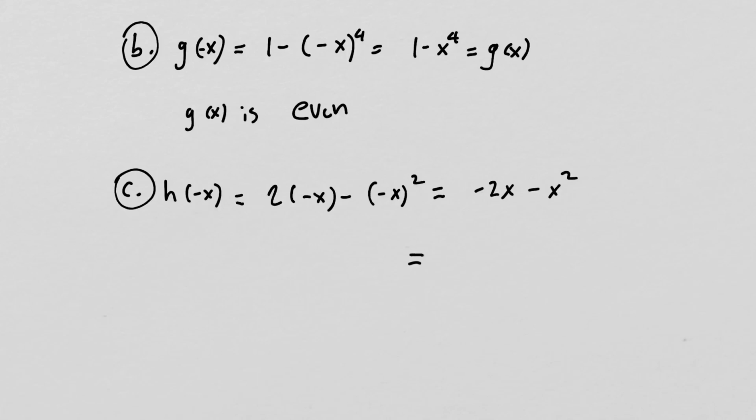But this is not equal to negative times 2x minus x squared, which would have been negative h of x, and it's clearly also not equal to 2x minus x squared. And so in this last example, h is neither even nor odd.